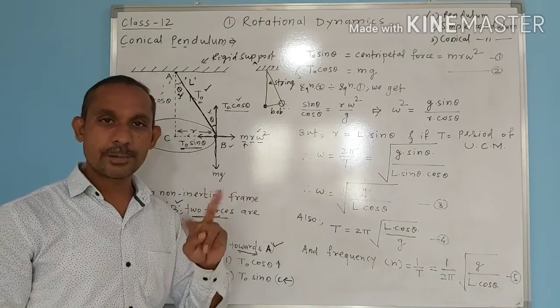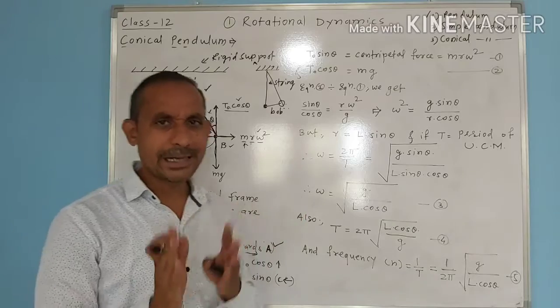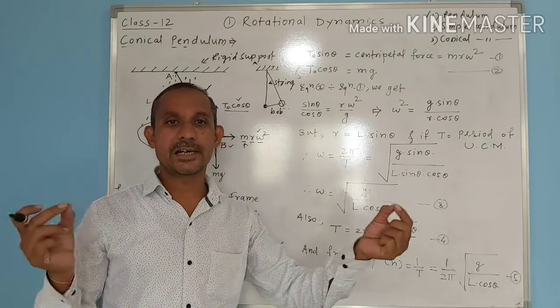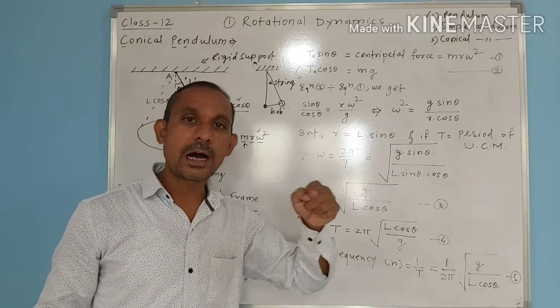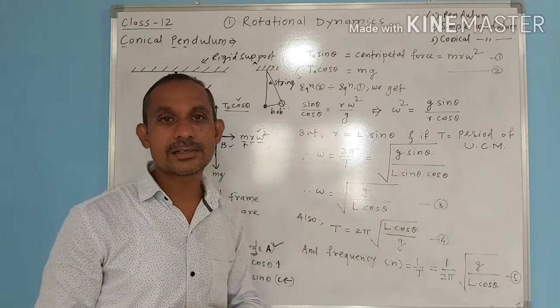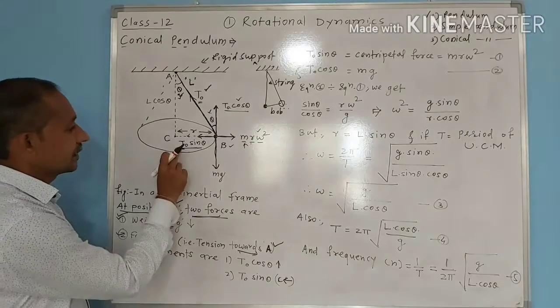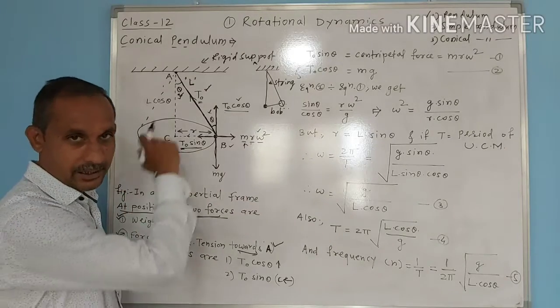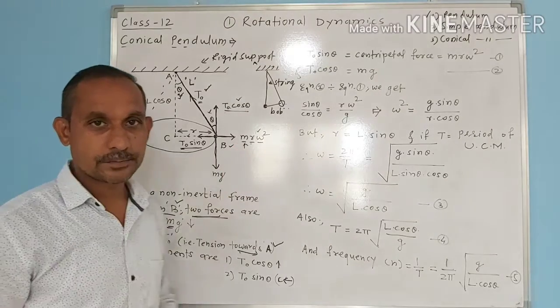Both forces, centripetal or centrifugal, always remain the same in magnitude but oppositely directed. Centripetal force is directed towards the center, but centrifugal force is directed outward, away from the center. So this is the centrifugal force, and T0 sin theta in this circular motion balances the centrifugal force.